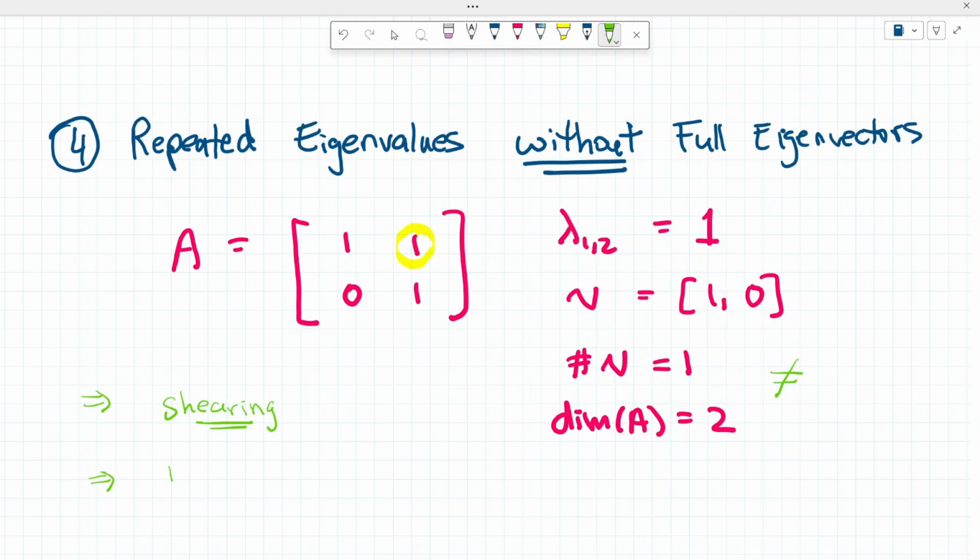So we can think of this as a tilt, and we can also think of this as our points being shifted proportionally to x. So this is a different type of transformation. So this only occurs when we do not have a full set of eigenvectors.